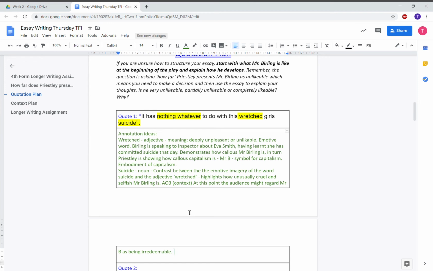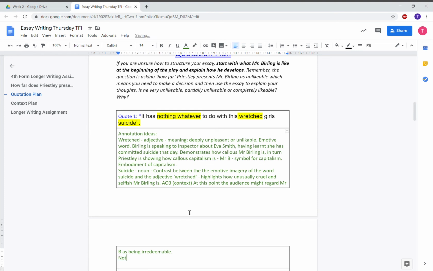The audience is supposed to greatly dislike Arthur Birling because he is the embodiment of capitalism. So it's almost as though if you don't like Arthur Birling, then you can't like capitalism, because J.B. Priestley's trying to say they're the same thing. He embodies all of those capitalistic principles. So there's some annotation for you.